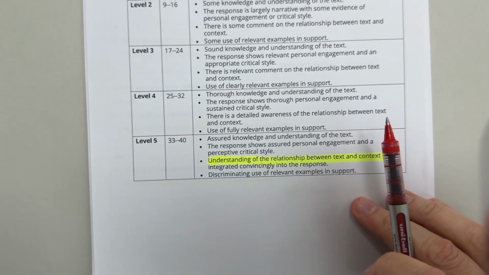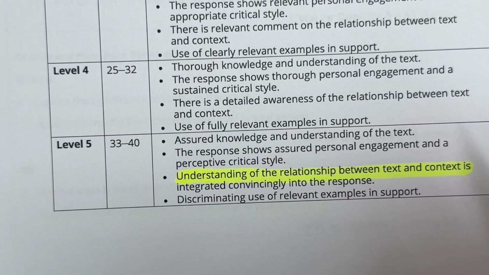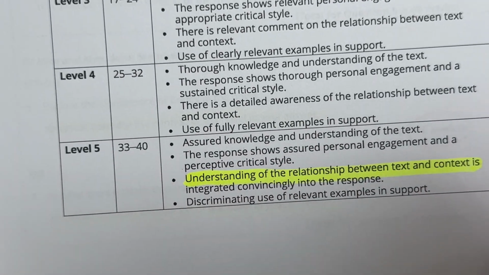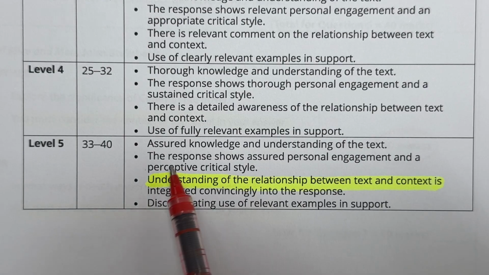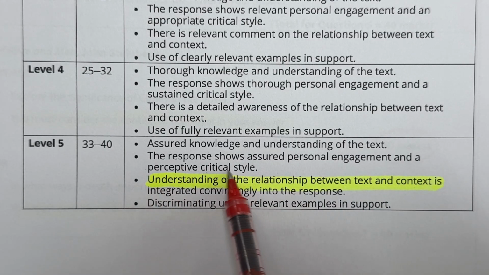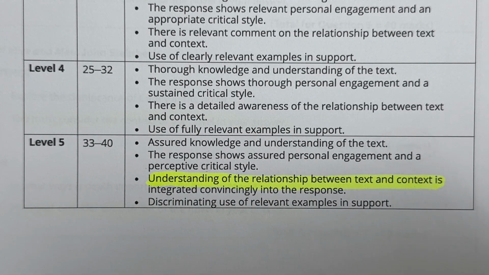So again, a level 5 criteria for this: assured knowledge and understanding. There is no question in the marker's mind that you know this text intrinsically well. The response shows assured personal engagement and perceptive critical style. How well can you question and look at characters from different angles? For example, in Of Mice and Men, it's easy to criticise Curly's wife for being flirtatious and for apparently having not much to do on the ranch.